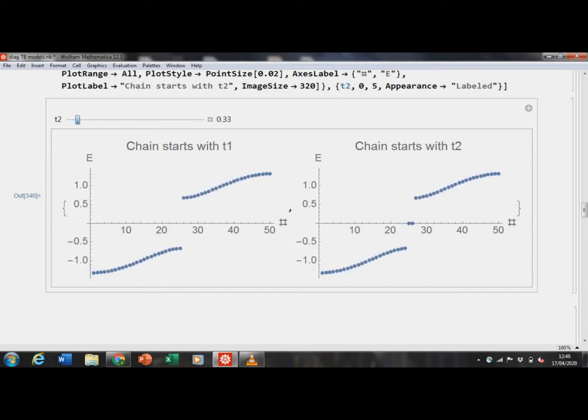The interesting thing is, as I switch on the T2 and couple all the sites in the system, some of the features remain intact. So I still see that there's a gap in both systems. Here the gap has now been reduced to -0.5 to +0.5 in both cases. But one of the interesting things is that on the right-hand side I still see 2 states sitting exactly at 0 energy.